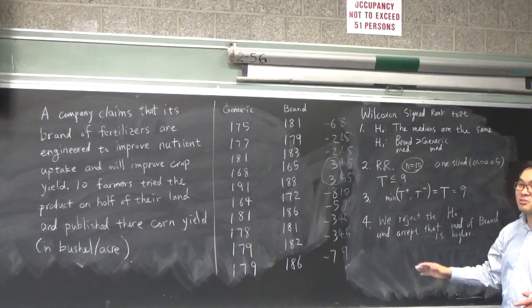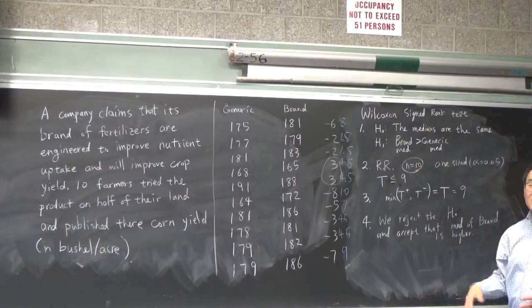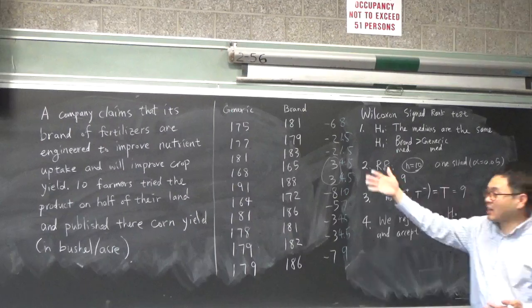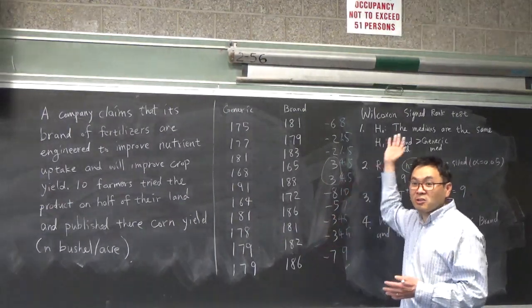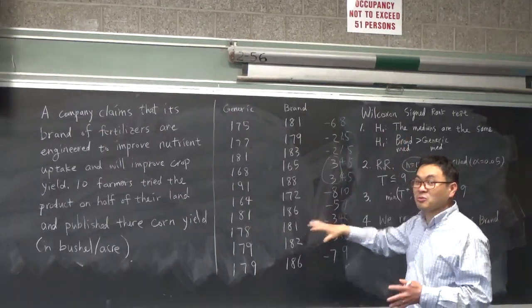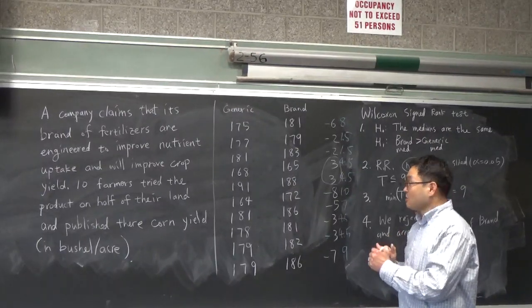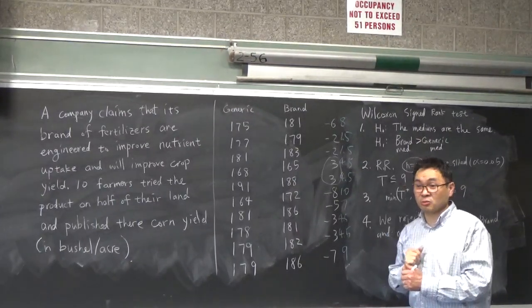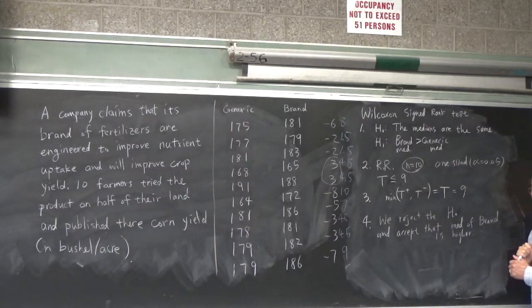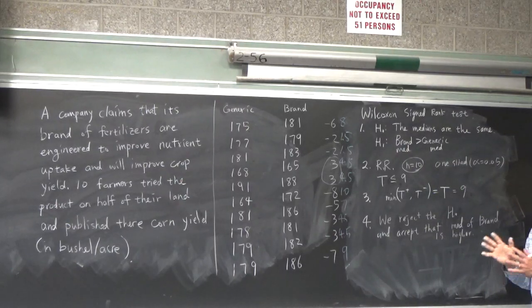But why? Because t-test assumes something more. T-test assumes that you know that the data is normal, whereas Wilcoxon is operating with less information. So you can't really distinguish as well as the t-distribution. That's the difference, okay? So this is something that you should also know.